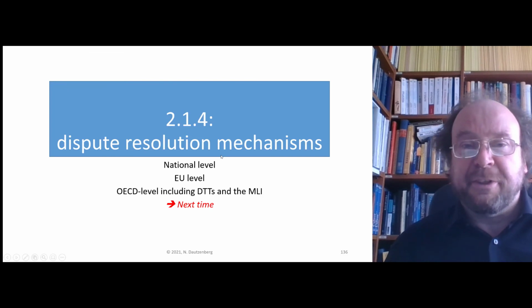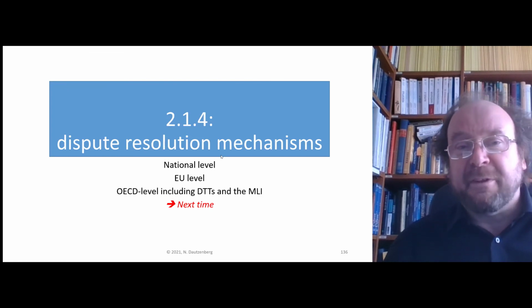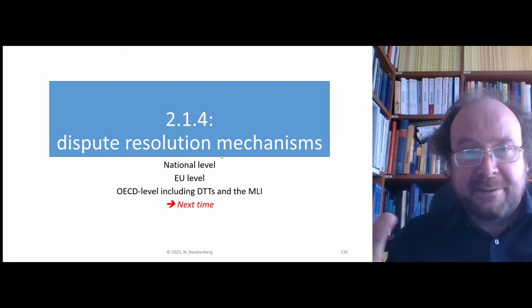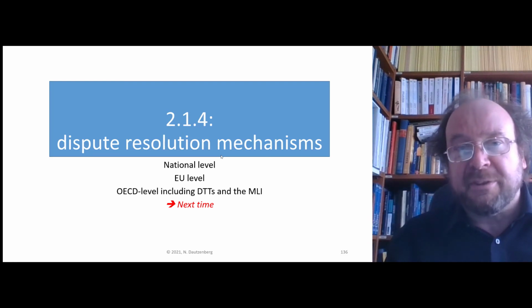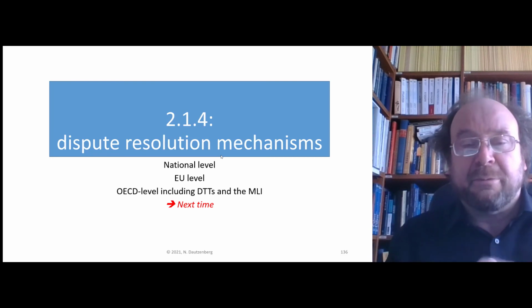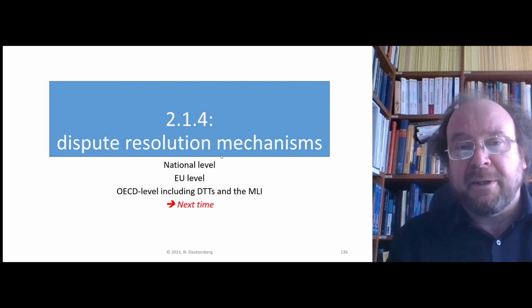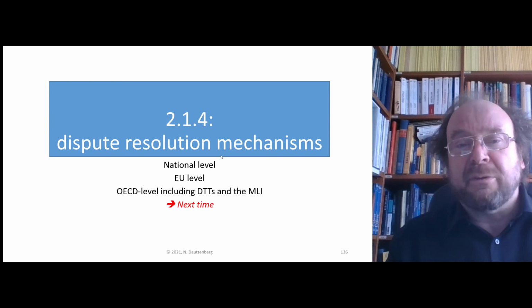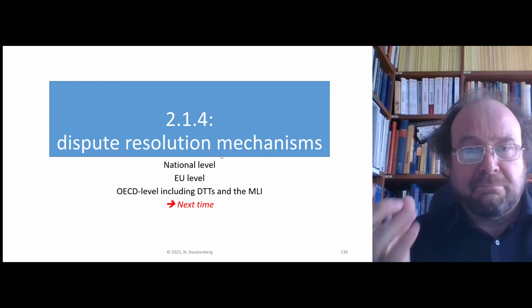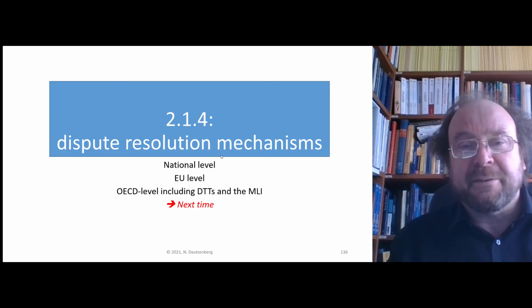Okay, this should be sufficient for this topic. Naturally, after we have seen now that transfer pricing is very vague indeed, and that you have many possible outcomes, then naturally another topic which automatically is combined with that is how do we resolve disputes if, for example, two fiscal administrations involved in a matter come to different results, and they both want to insist on their solution, so that in the end the taxpayer is taxed on contradictory data.